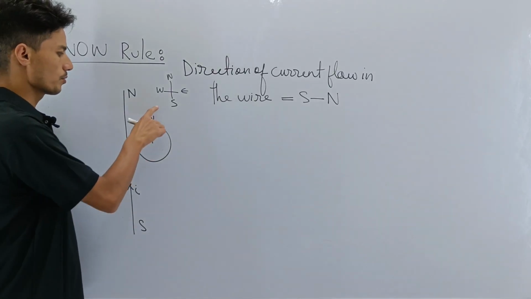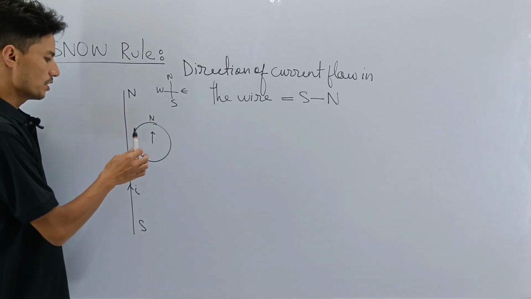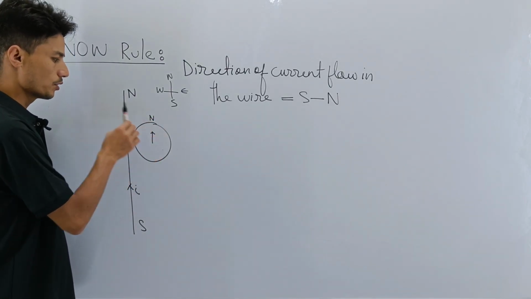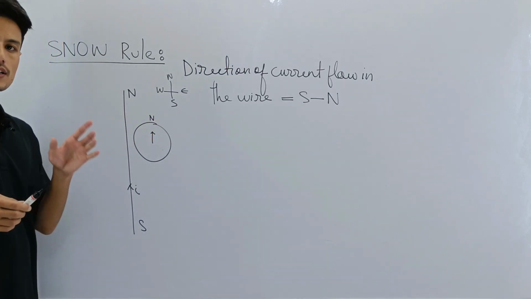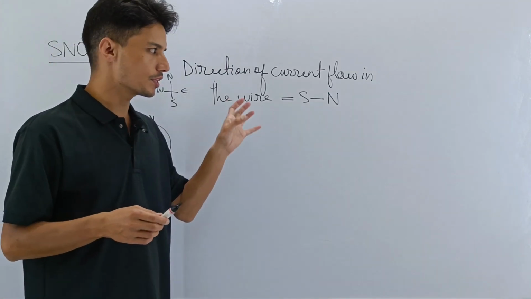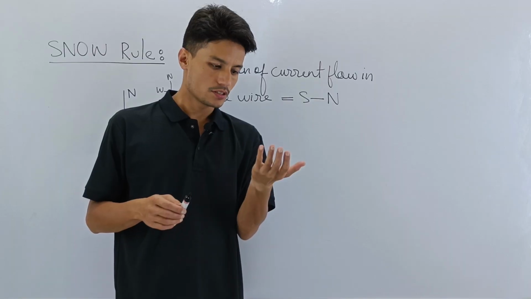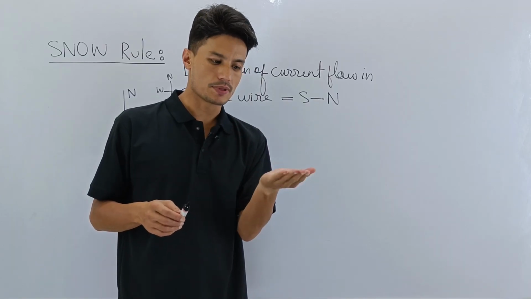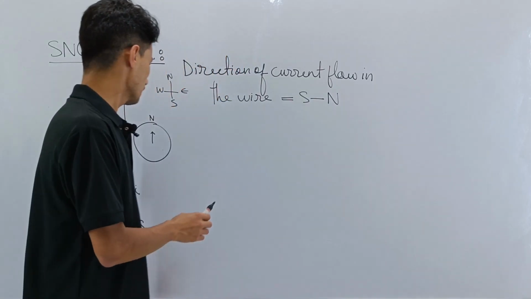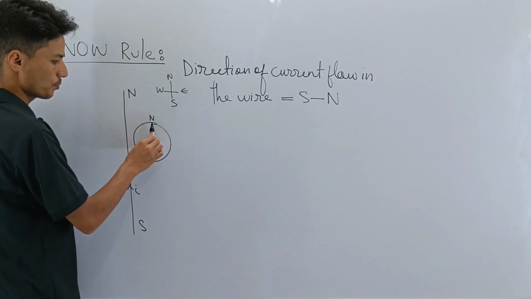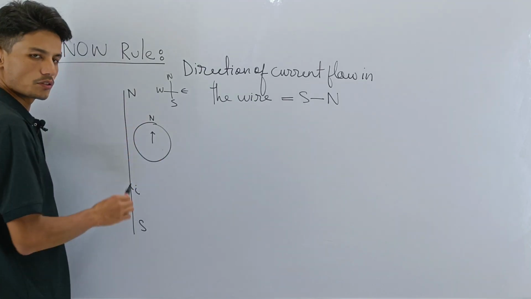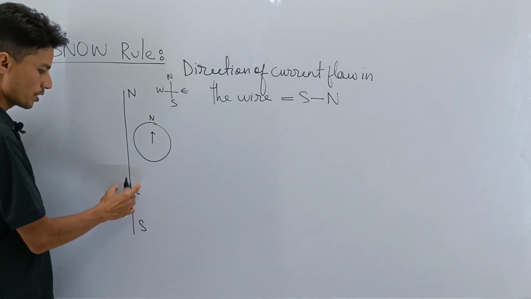If current is flowing from south to north, then in which direction will the needle deflect? Now the magnetic needle is pointing in the north direction, because that's what the needle is supposed to do. It should always point in the north direction of the place from where it is being held. So it is pointing in the north direction. Now current is flowing through this wire.